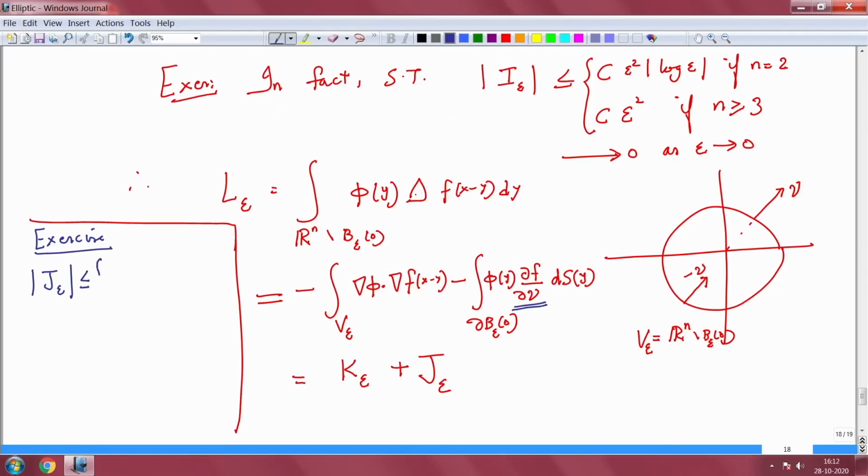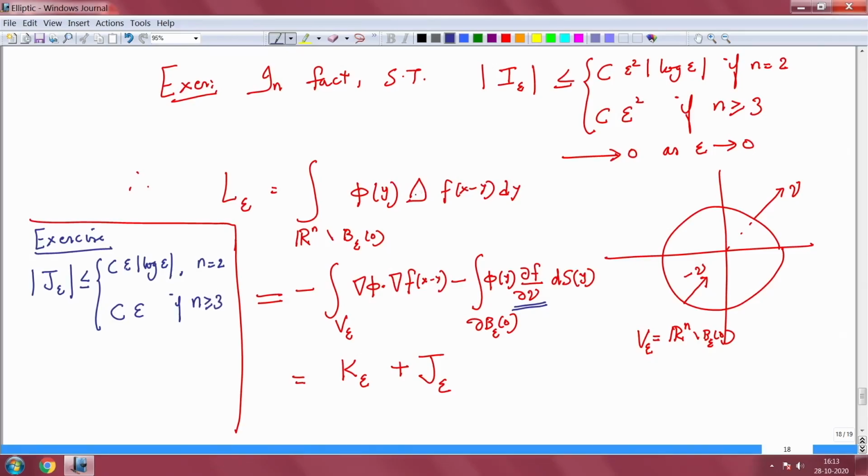J epsilon will be less than or equal to, so you see the power is reduced here. In I epsilon you get epsilon square mod log epsilon, but you get only epsilon mod log epsilon, because some differentiation is coming, the power is reduced, for n equal to 2, and the other one you get only C epsilon if n greater than or equal to 3.